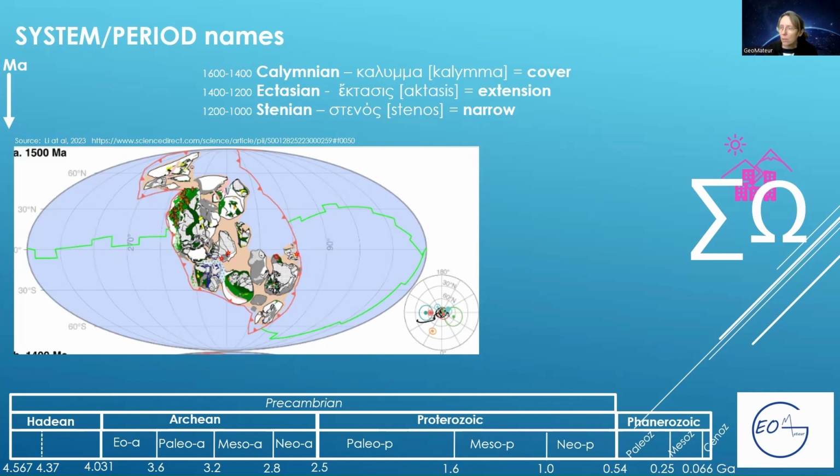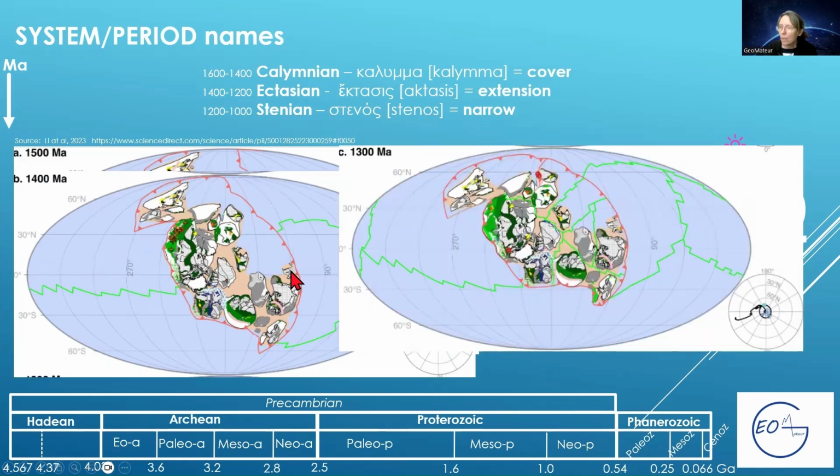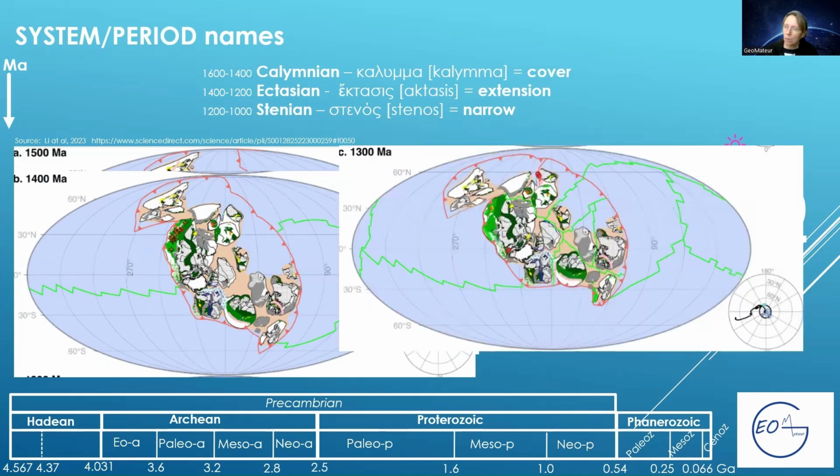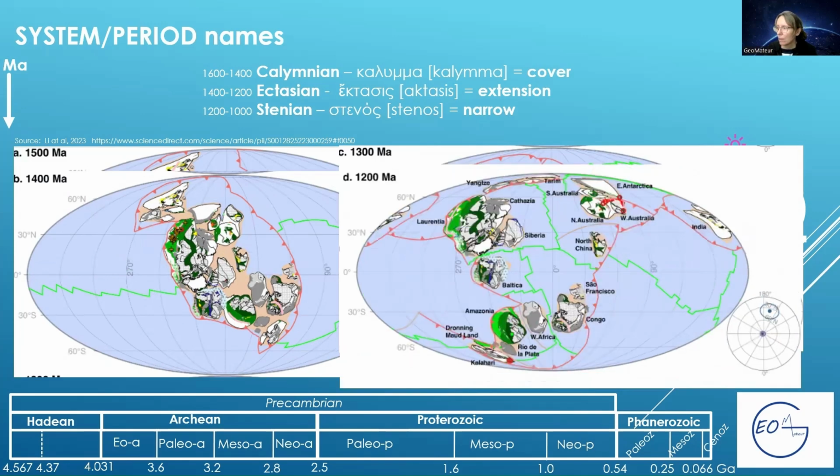And the next unit, Ectasian, comes from the word extension, and it's connected to still-lasting expansion of the platform covers, but also connected to the breakup of the supercontinent.